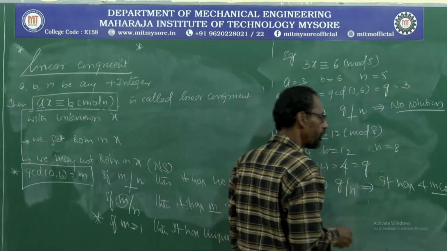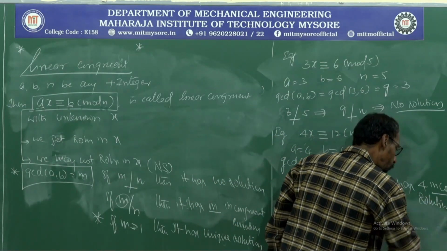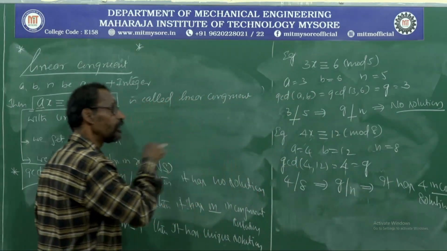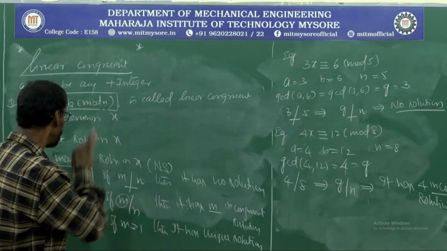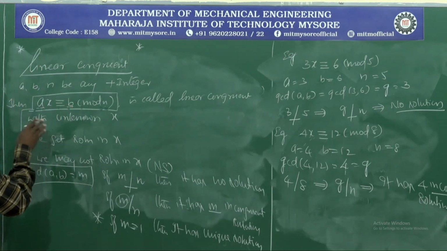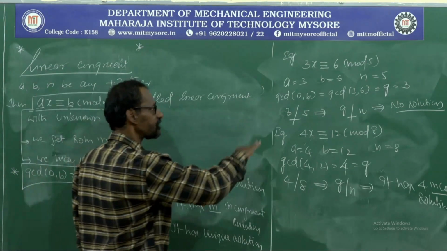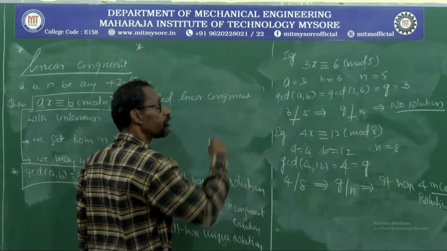That is the other way of saying solutions. Later we are going to discuss how to find all these 4 incongruent solutions. First you should understand what a linear equation is, what exactly you are supposed to find, when you can find it, under what condition you can find it, and under what condition you cannot. So all those cases I am just giving a bird's-eye view.